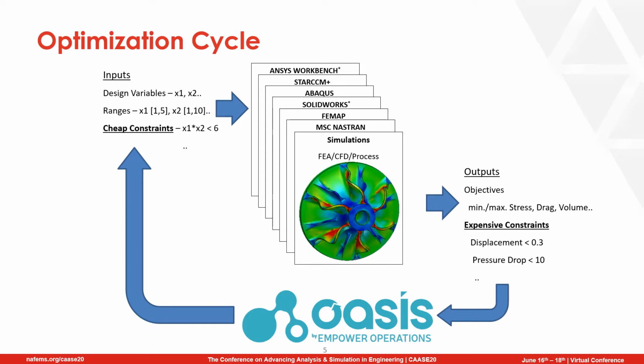So there's no prior knowledge of expensive constraint values, which makes constraint handling technique critically important for the effectiveness of the optimization study, especially for high-dimensional and highly constrained problems.